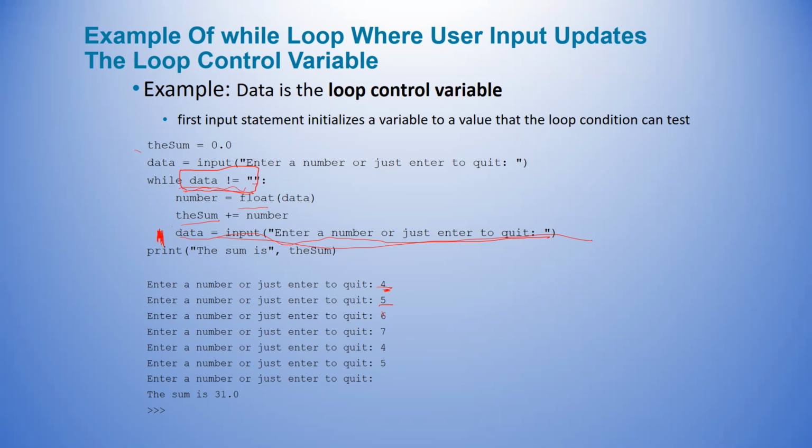But if you enter nothing, this becomes false. So that basically means this is not equal to this. That's false because it is equal to that, right? So here, when you enter nothing, it will get out. Do you all understand this, everybody?